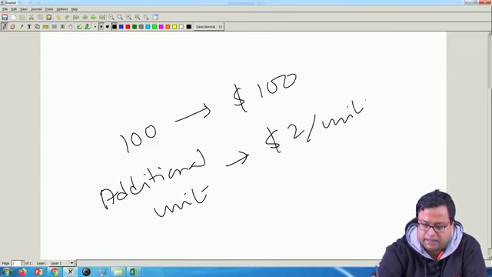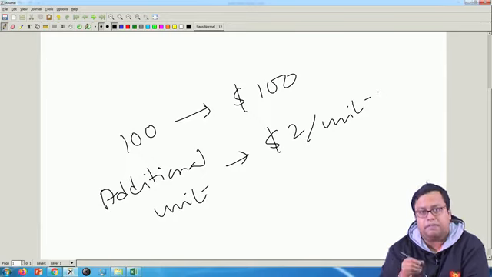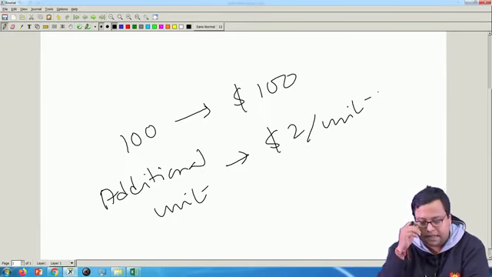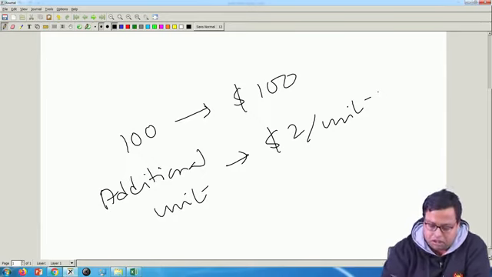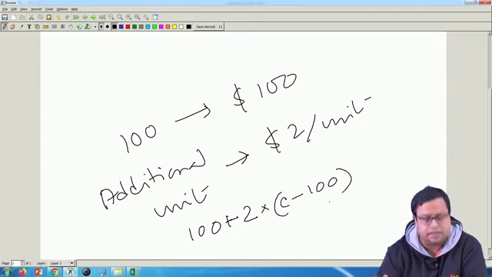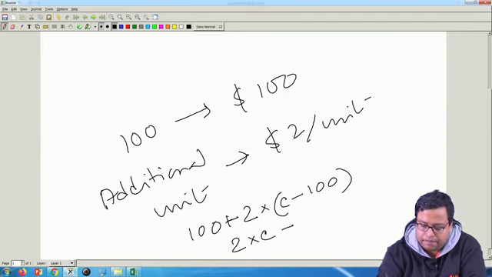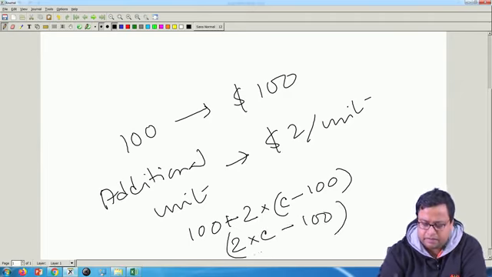So, if that is the case, then what is the pricing? The pricing pattern is basically 100 plus 2 into consumption minus 100. So, basically 2 into consumption minus 100, fair enough.